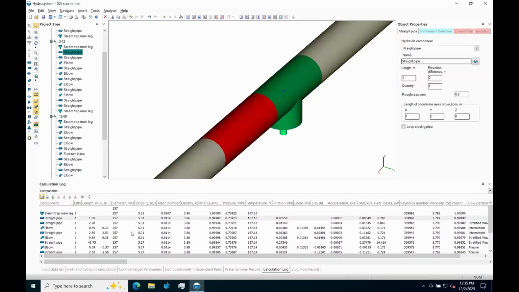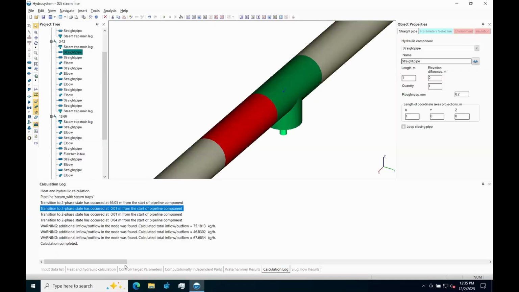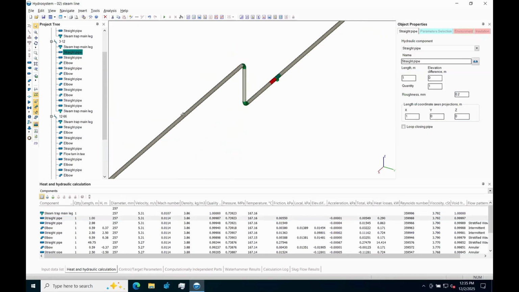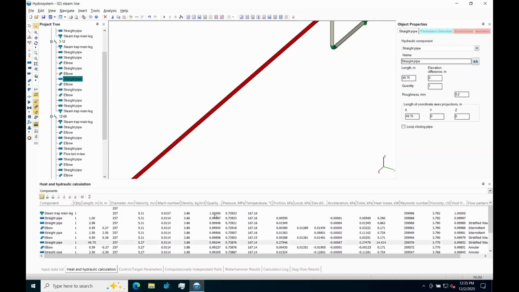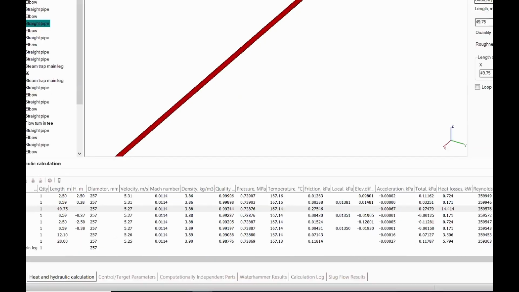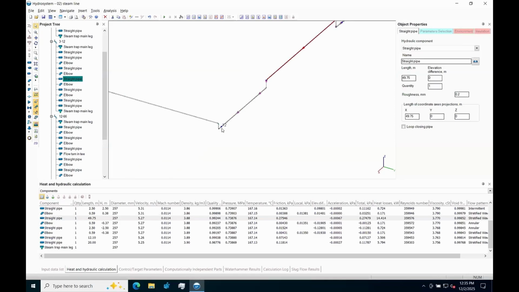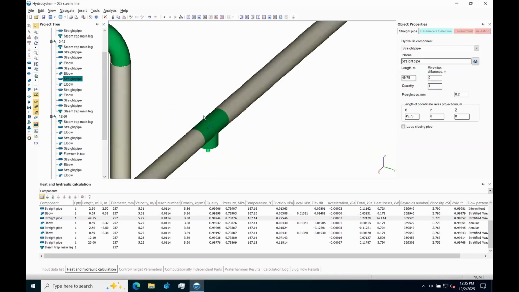That's why we have various two-phase transitions, because the steam once again condensates. Once again, condensate is forming. Let's calculate how much it will be, about 1.23%, something like this. This amount of liquid will be moved away from this piping system at the following steam trap over here.